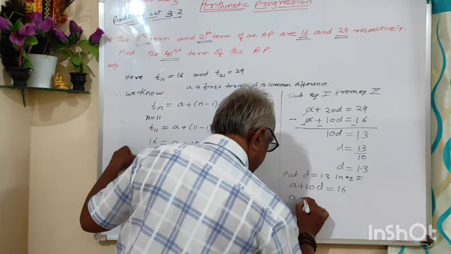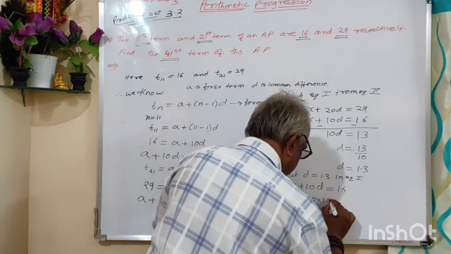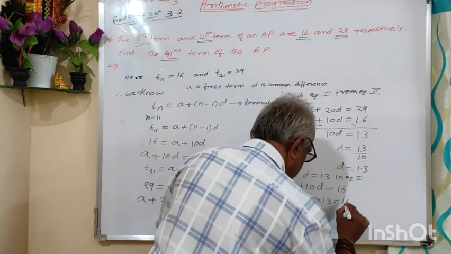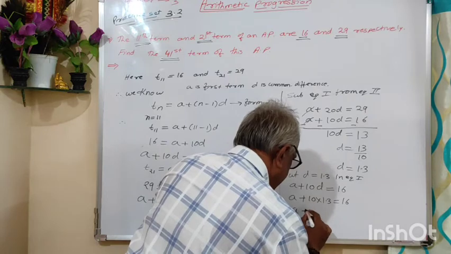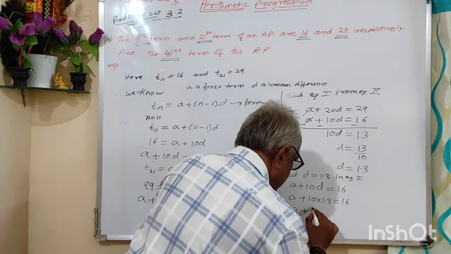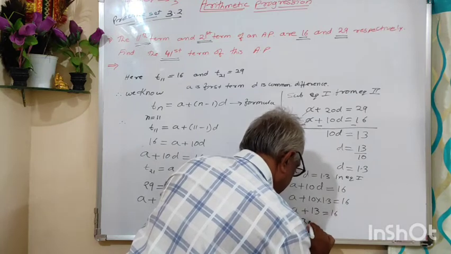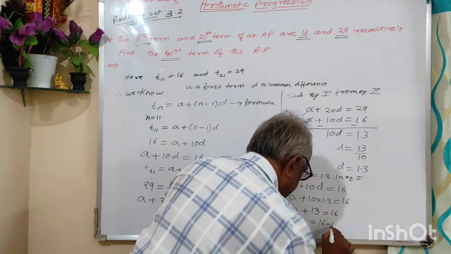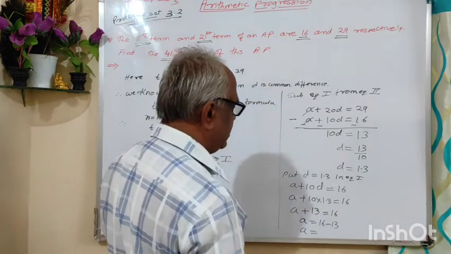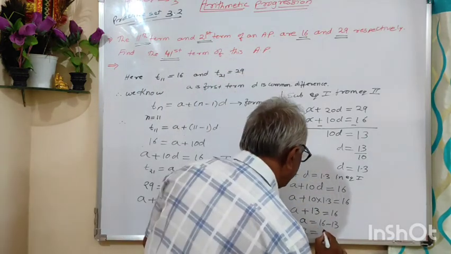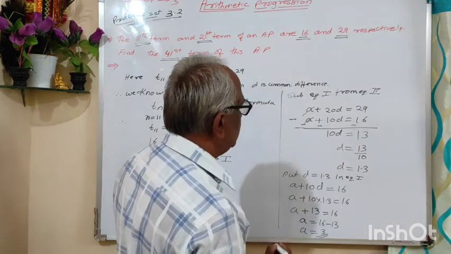So A plus 10 into 1.3 is equal to 16. Therefore A plus 13 is equal to 16. Therefore A is equal to 16 minus 13, that is 3. A is equal to 3.